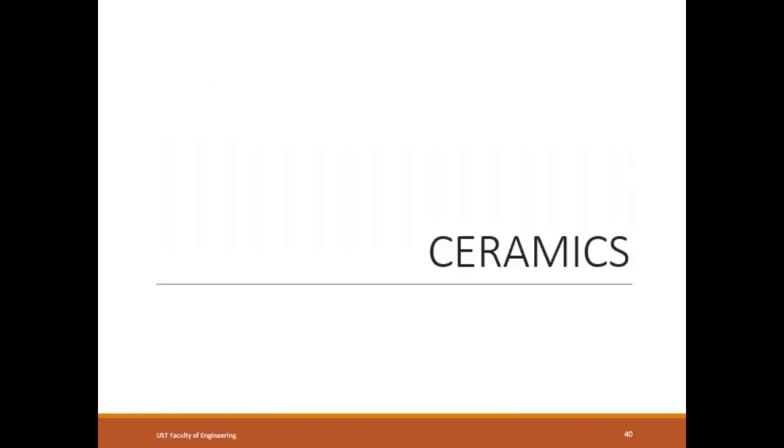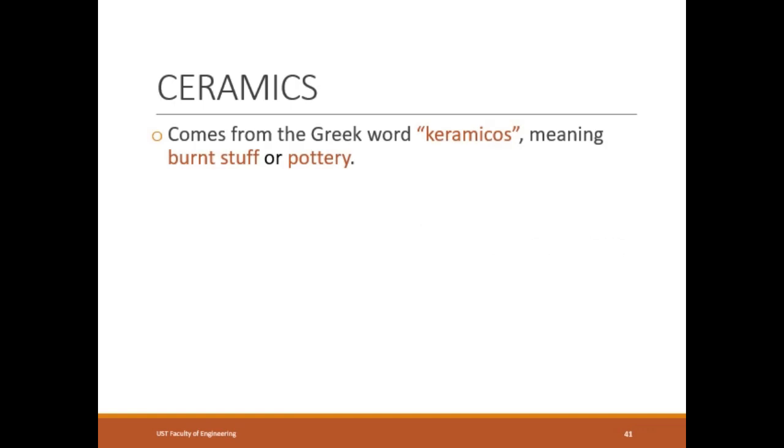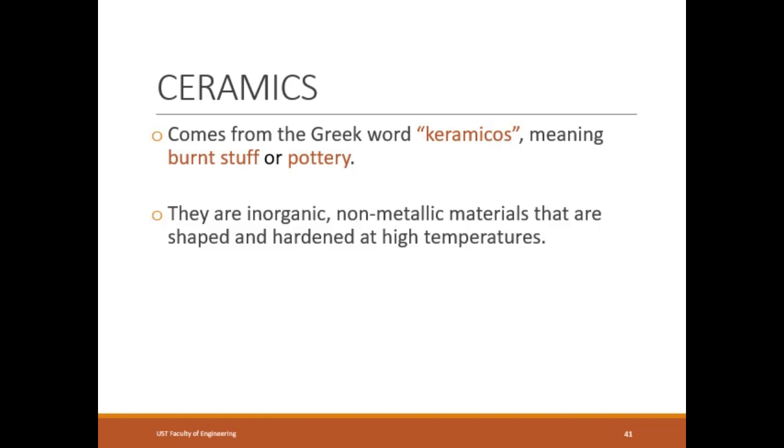And for our last topic, we will be briefly talking about another widely used material different from polymers, and these are the ceramics. Ceramics comes from the Greek word keramikos, meaning burnt stuff or pottery. Ceramics are inorganic non-metallic materials that are shaped and hardened at high temperatures.